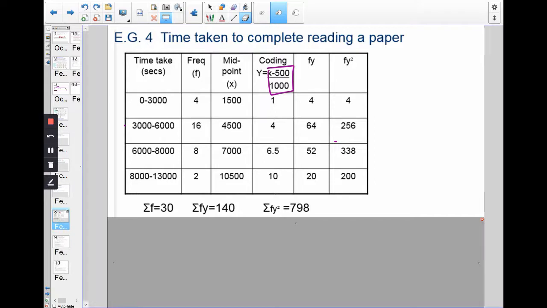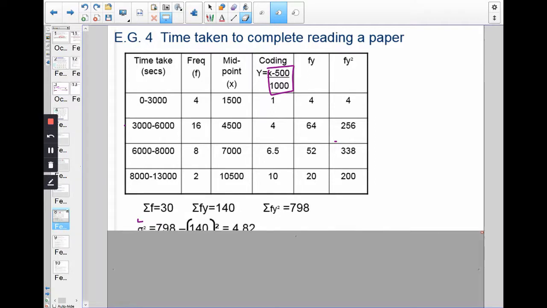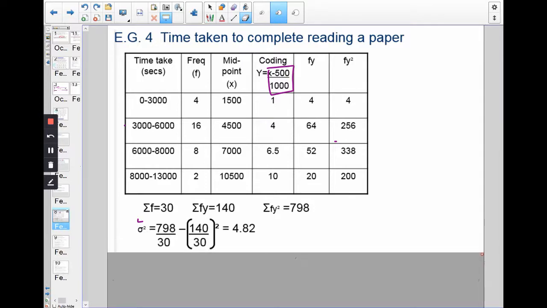Okay, so now I'm going to show you the answer. So you should hopefully have an answer with you. And you can see this is how you work out the standard deviation. And now, because of what we've done when we've coded it, the subtraction doesn't make a difference, the subtract 500, to the standard deviation. The 1,000 does.